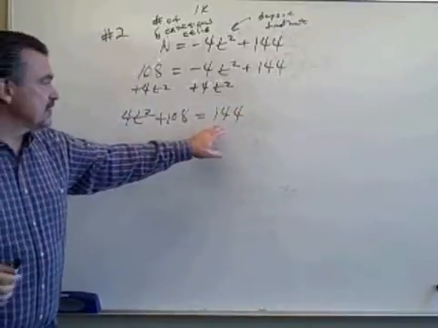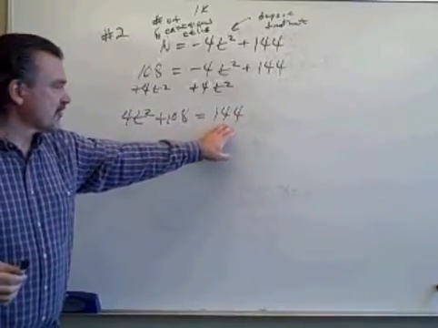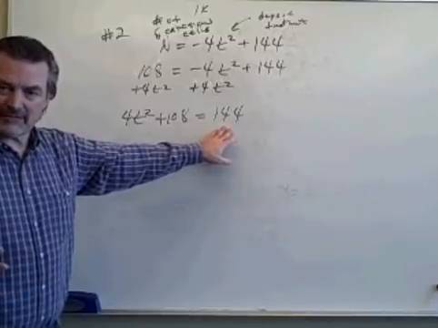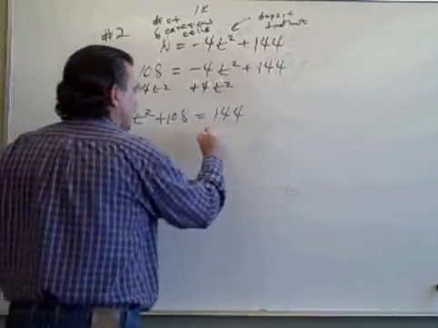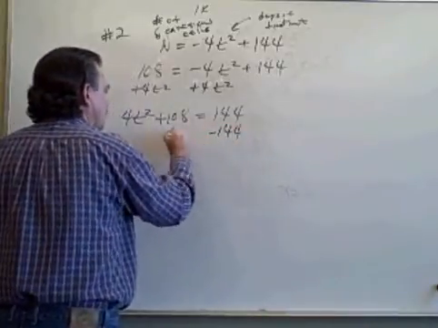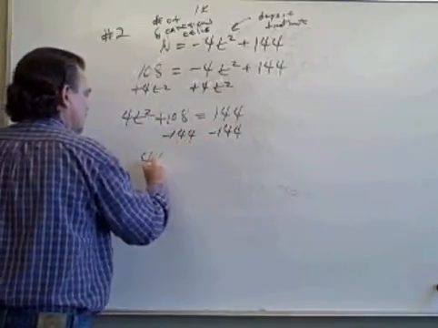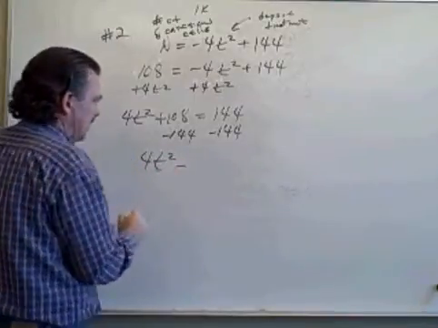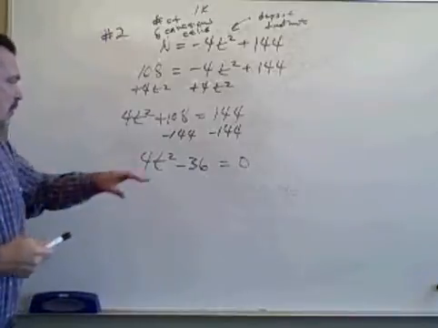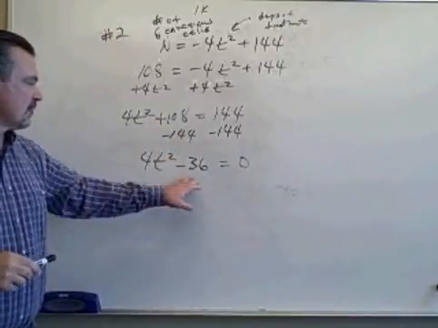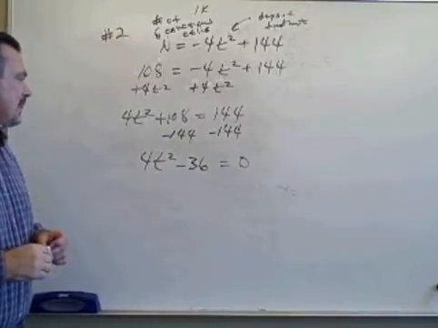And now I need to get rid of the 144 so that I'll end up having 0 on one side of my equation, which is what I need to have when I solve a quadratic equation. So I'm going to subtract 144 from both sides. So I have 4t squared minus, let's see, that'll be 36, won't it? 108 minus 144 gives me negative 36.